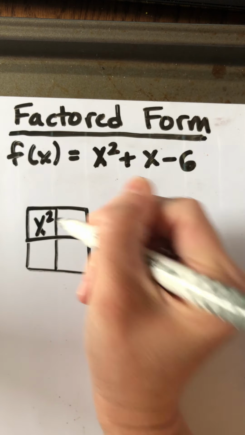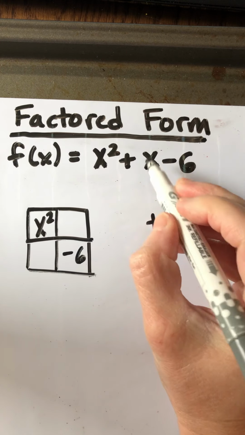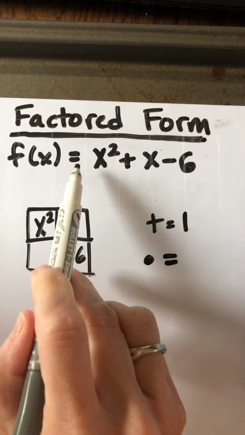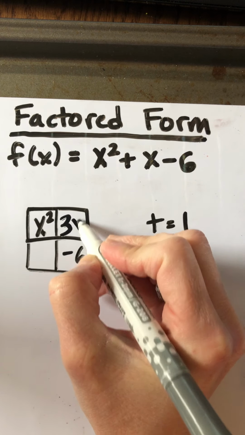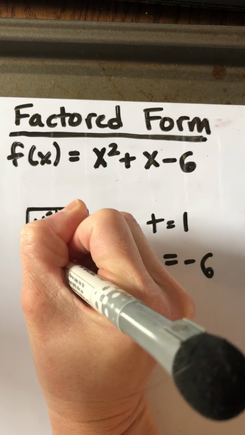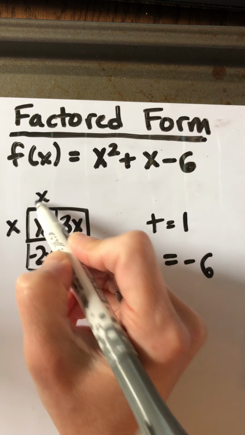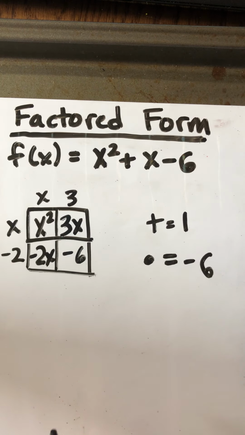I like factoring using the box method. So I'm looking for two numbers that are going to add up to equal b, which in this case is 1, but are going to multiply to equal 1 times -6, which is -6. The two numbers that meet this criteria are 3 and -2. So I'm going to put a 3x here and a -2x there. And now I can work backwards using the box method here.